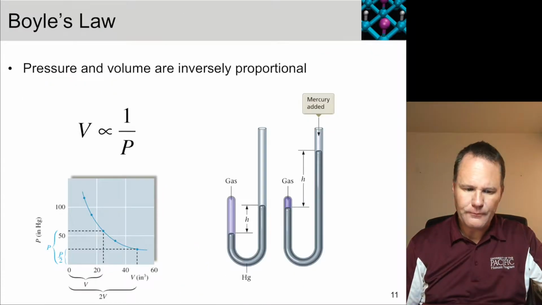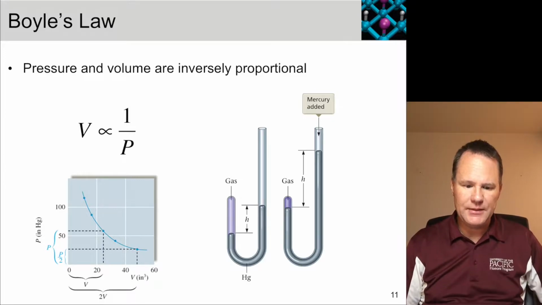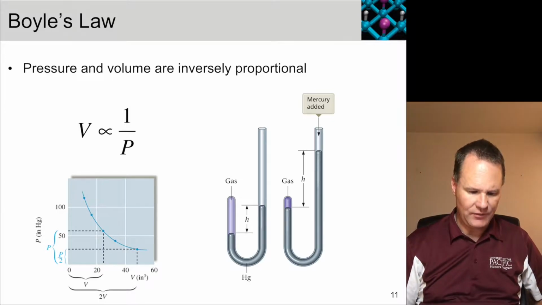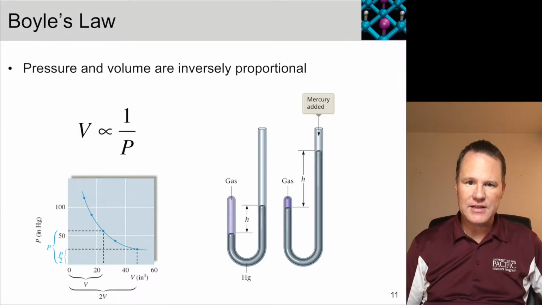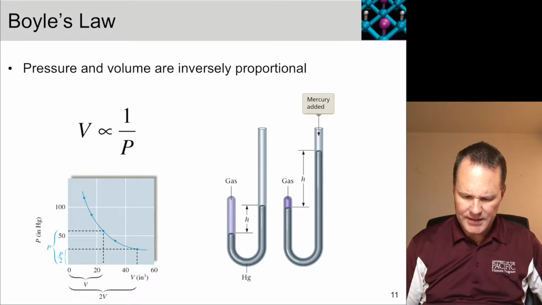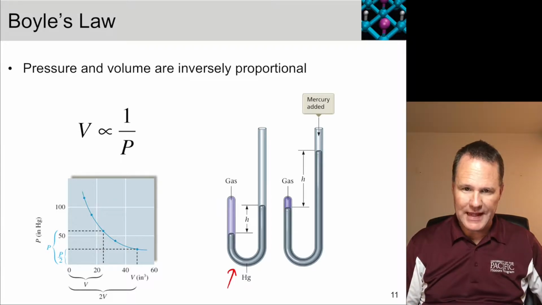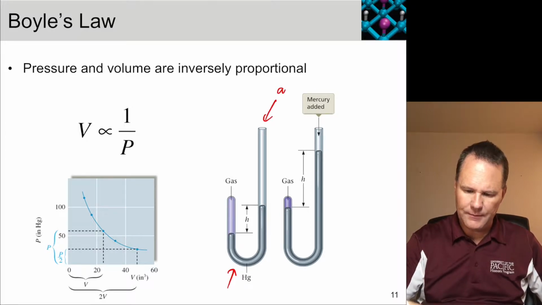Now, what about the next one? How about the relationship between the pressure and the volume? And so for that, one kind of experiment that you can devise is you have this manometer, right? And you have a gas in one of the lines, and then the other one is connected to atmosphere.